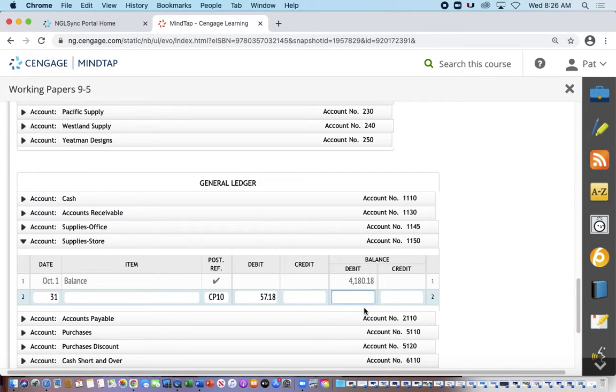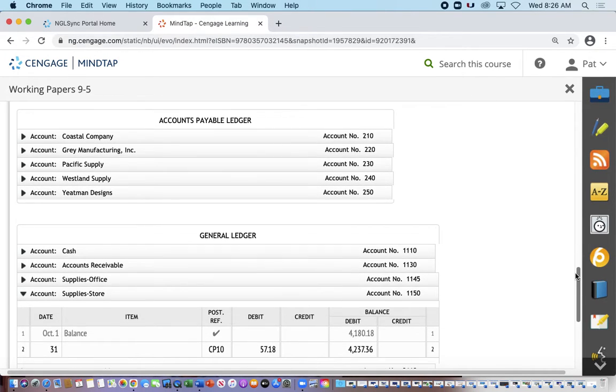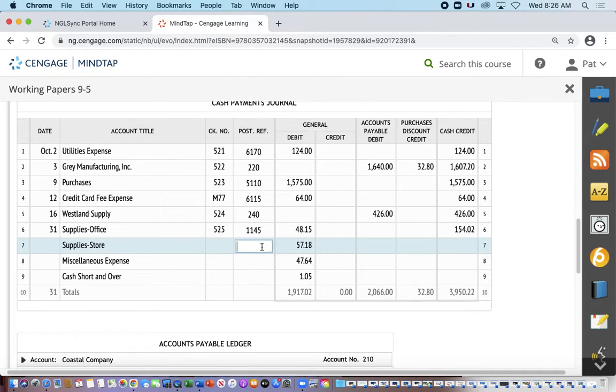You get $4,237.36. And then you take the account number 1150 up there into supplies store.